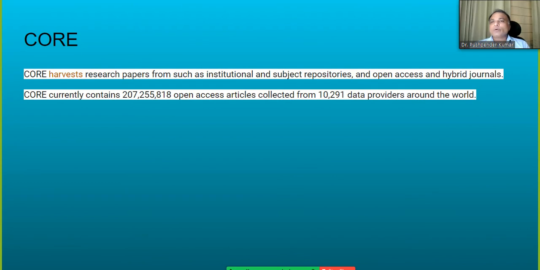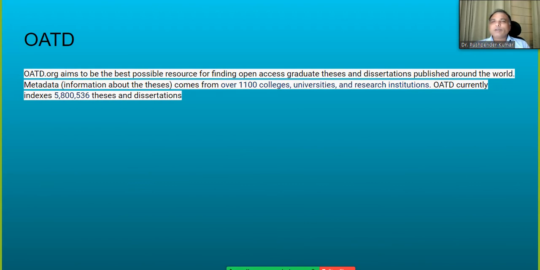Then CORE. CORE harvests research papers from sources such as institutional and subject repositories and open access and hybrid journals. CORE currently contains this many, I don't understand whether it's a crore or how much, open access articles collected from 10,291 data providers around the world. Then we have OATD.